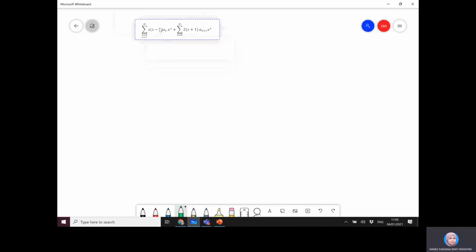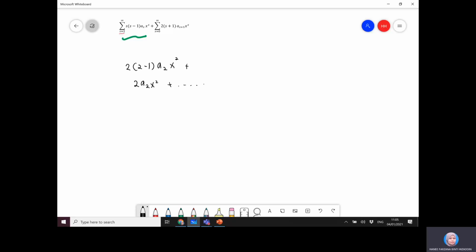So I'm just showing you that in this particular example, let's look at the first term of this first series. Starting from s equals 2, you have 2 times 2 minus 1 times a of 2 x squared. Supposedly you start from s equals 2 and then 3 and 4 and so on. So you have 2 times 1 is just 2, and then a2 x squared and so on.